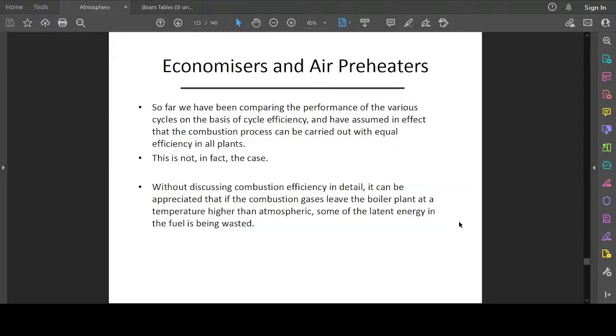So far we have been comparing the performance of various cycles on the basis of cycle efficiency and have assumed, in effect, that the combustion process can be carried out with equal efficiency in all plants. This is not in fact the case. Without discussing combustion efficiency in detail, it can be appreciated that if the combustion gases leave the boiler plant at a higher temperature than atmospheric, some of the latent energy in the fuel is being wasted.